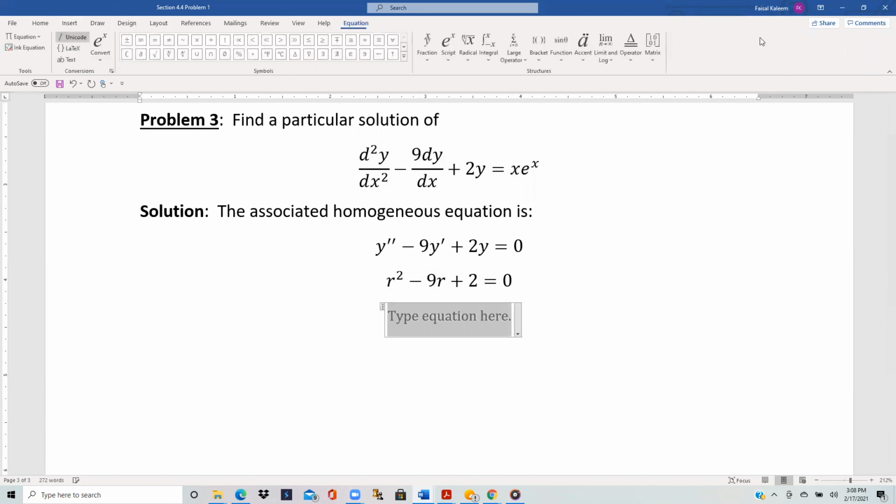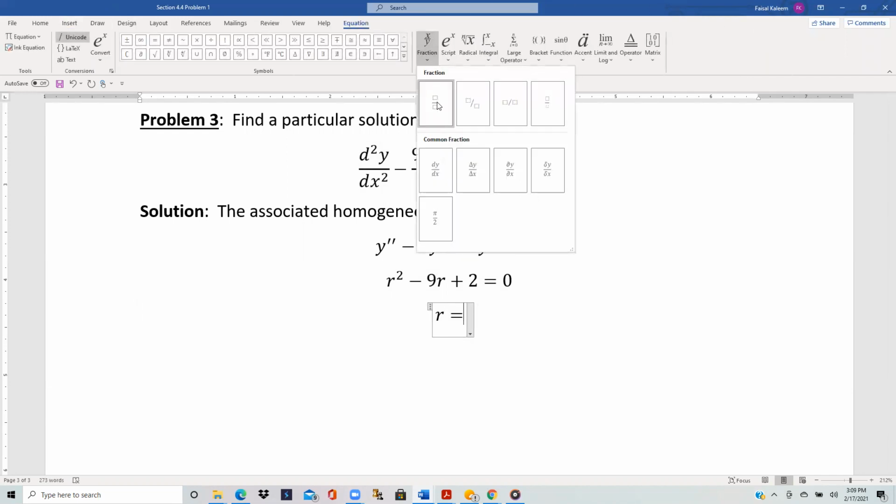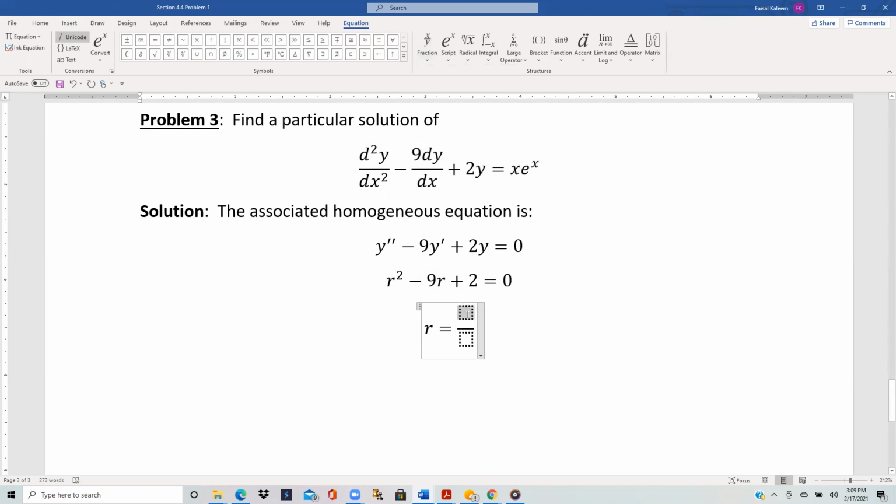So, r will equal 9 plus minus square root. Okay, 9 squared is 81 minus 4 times 1 times 2, so 8, over 2.